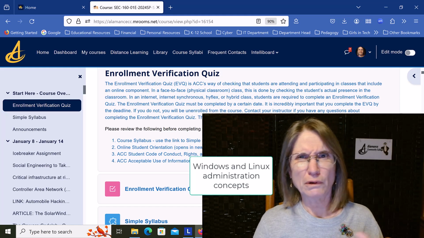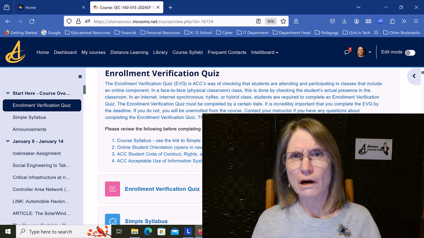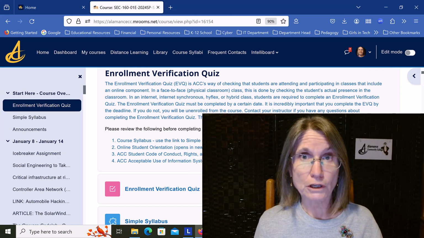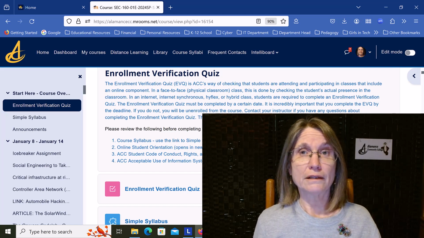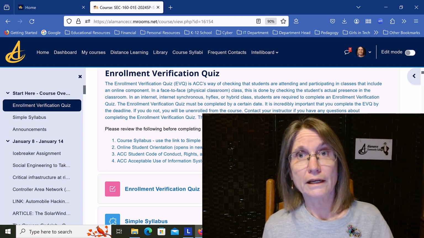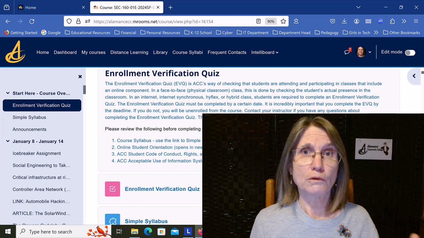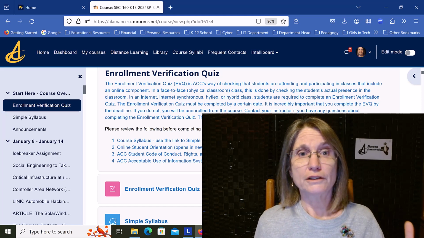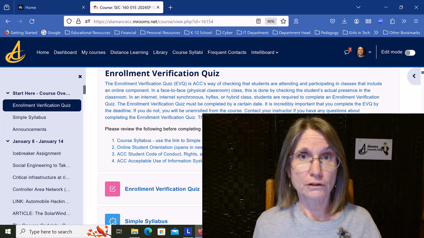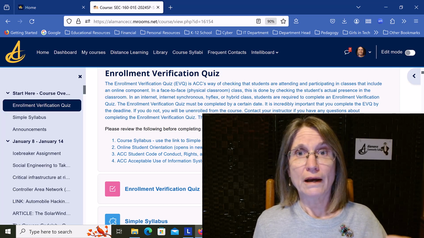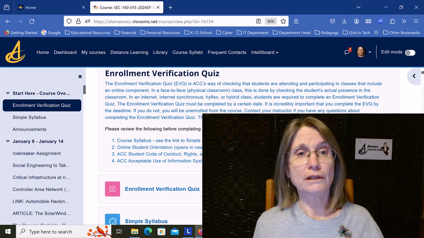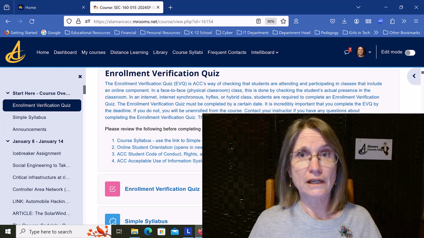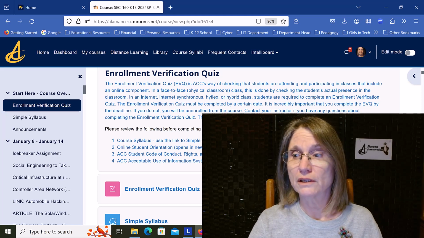And you might say, well, why not Macintosh? Well, the Macintosh operating system at its core is based on what's called the Berkeley distribution of Unix. So Macintosh is really Unix/Linux at its base.